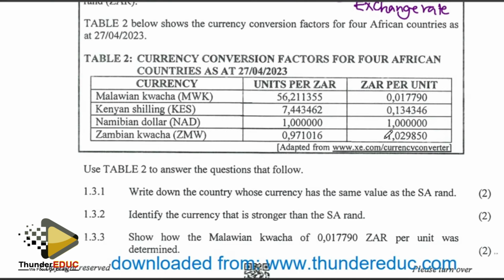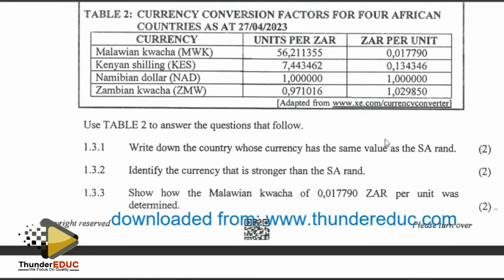Now, another thing that you have to analyze is that units per rand, per ZAR, means for every 1 rand, they have this. That's what it means. So it doesn't matter if you use this side or the other side. Now this side is per unit, so these are all rands.